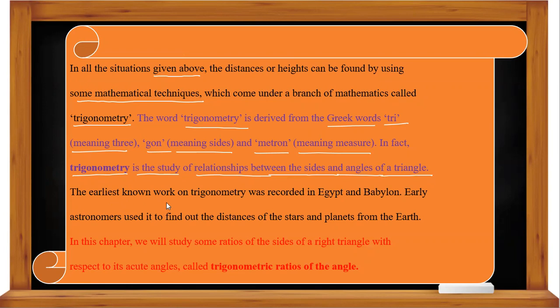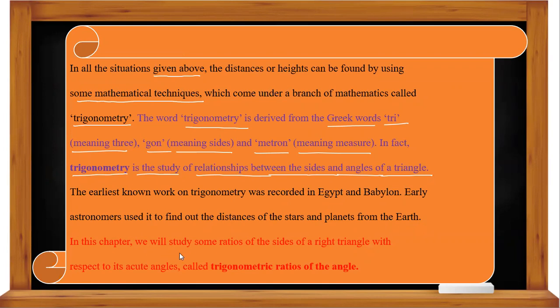The earliest known work on trigonometry was recorded in Egypt and Babylon. Early astronomers used to find out the distance of the stars and planets from the earth.